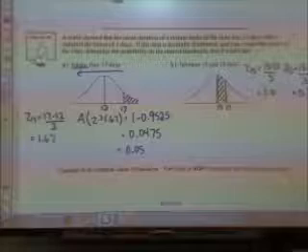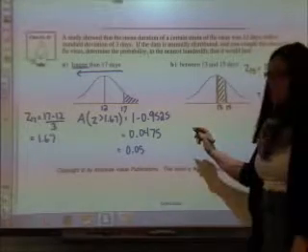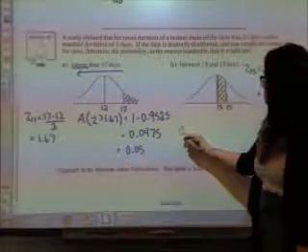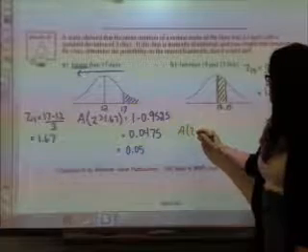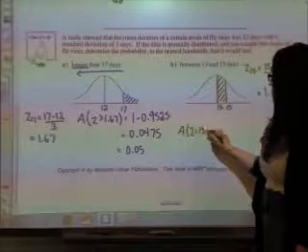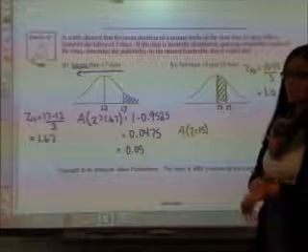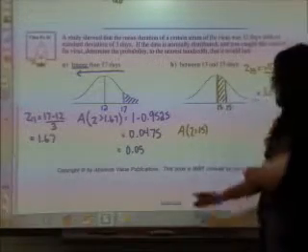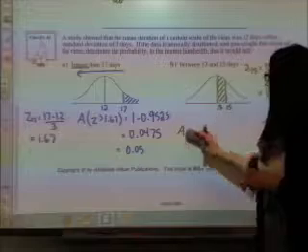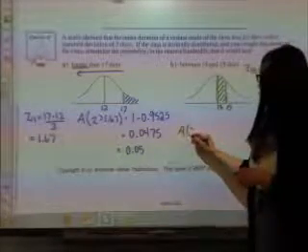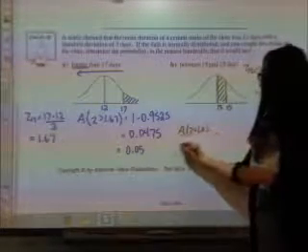So now if I look up the area of the Z-score of 15, what do I get? Or sorry, the area of the Z-score of 1, not 15. Yeah, 0.8413.